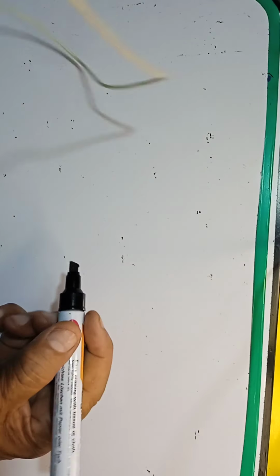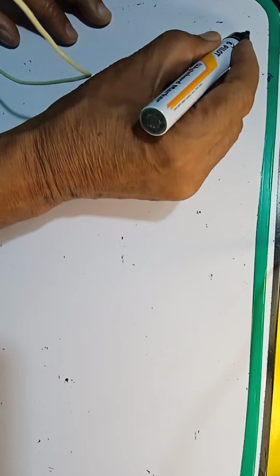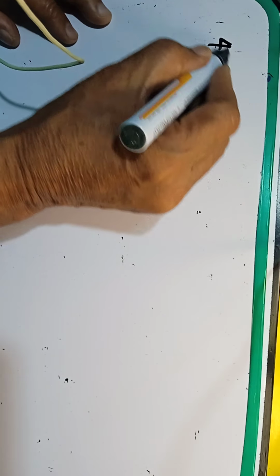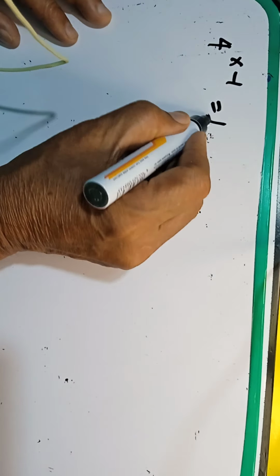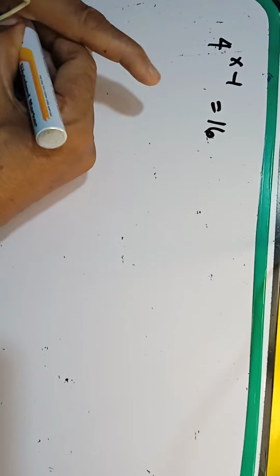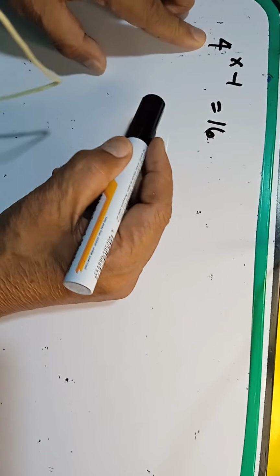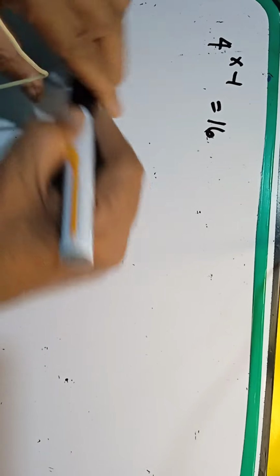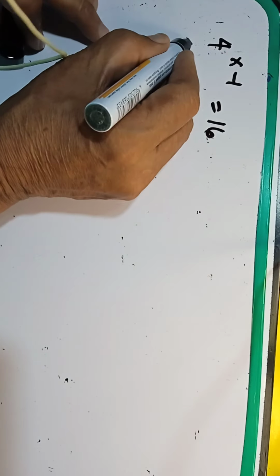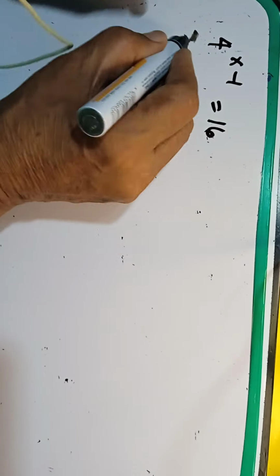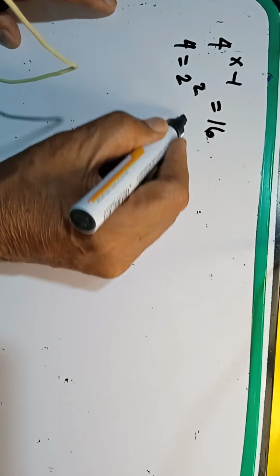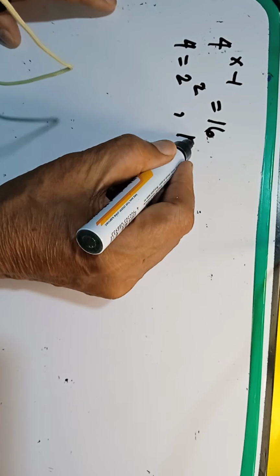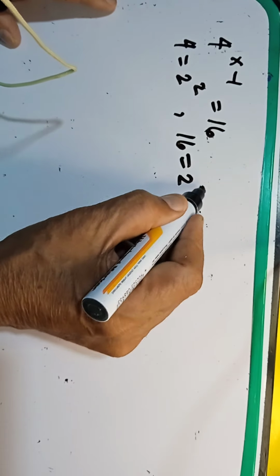So, let's try 4 raised to x minus 1 equals 16. And as I said, 4 can be expressed as a base of 2 and 16 can be expressed as a base of 2, because 4 is equal to 2 raised to 2 and 16 can be expressed as 2 raised to 4.